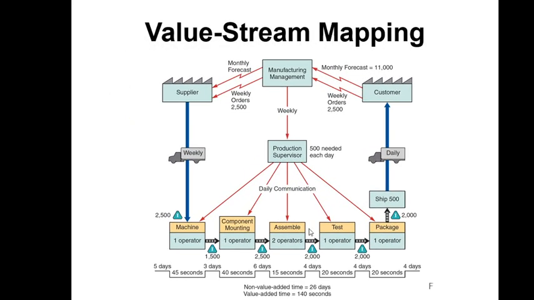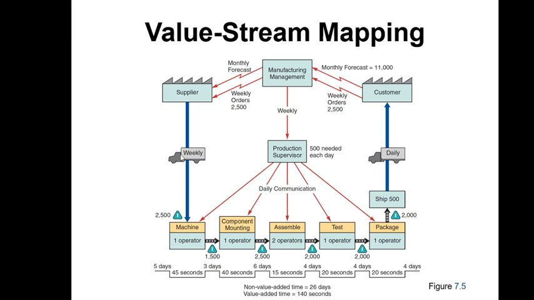As you can see, I will show you now value stream mapping. First we start from the customers, with marketing research in order to know the wants and needs of the customer, and of course in order to forecast our demand monthly. Then we go to the manufacturing management. They start asking for raw material from suppliers according to this forecast.